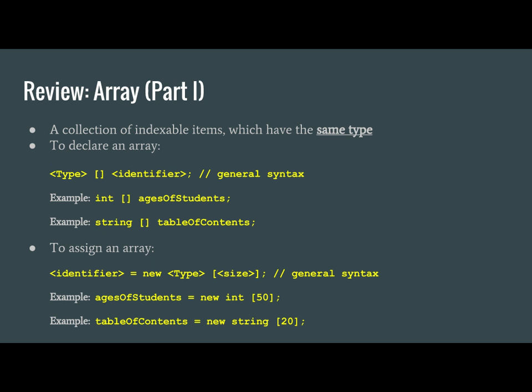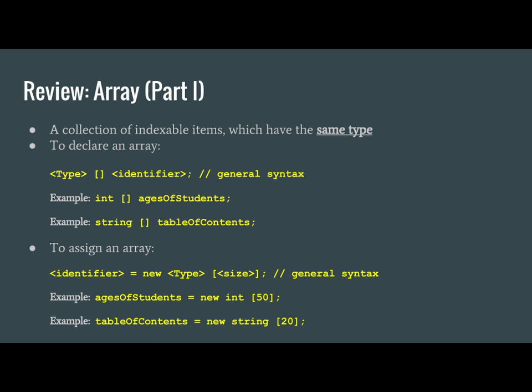To declare an array, we need to specify a type, its identifier, which is the name of the variable, and we also need to make sure that we have this pair of square brackets. For example, here we declare an integer array named age of students, and a string array named table of contents.